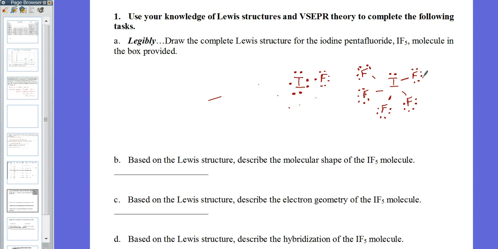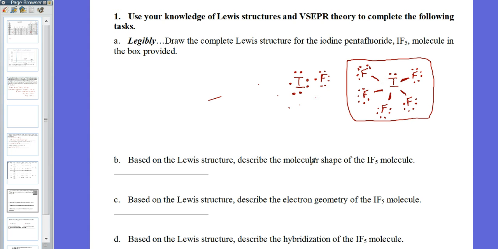Okay, so now all the outside atoms have their octet, and then you have bonded pairs between the iodine and fluorine here. So this would be your answer, in the box provided. I just didn't draw a box on this copy when I copied the problem over.